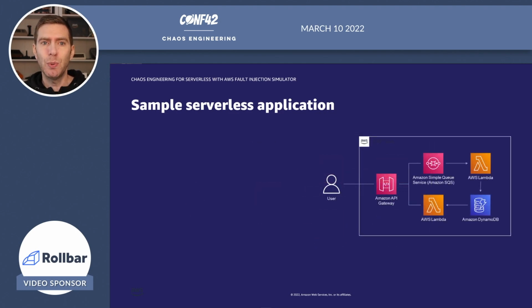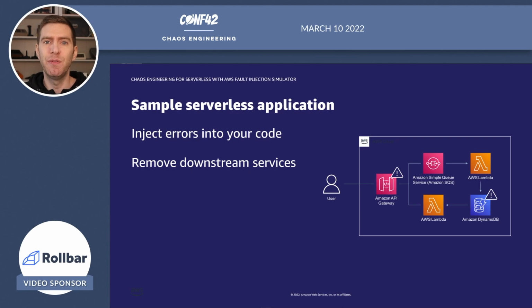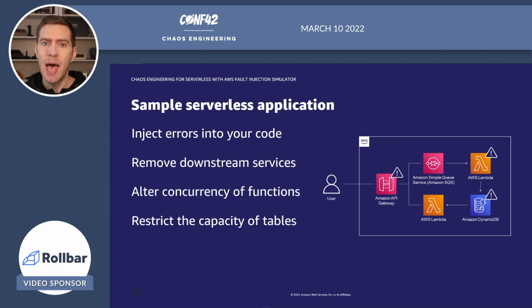So what we can do on this is inject errors into our code, for instance, by creating exceptions or by doing other types of errors. We can remove downstream services, so we don't have access to a downstream service or a third-party API, for instance. We can alter the concurrency of our AWS Lambda functions, and we can restrict capacity of tables.